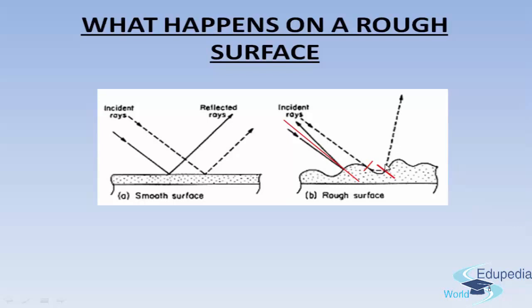So they both will be equal. So on a rough surface, how do we check whether the laws of reflection are satisfied or not? By drawing small normals at every point of contact wherever the ray is incident. But the laws of reflection are always satisfied.